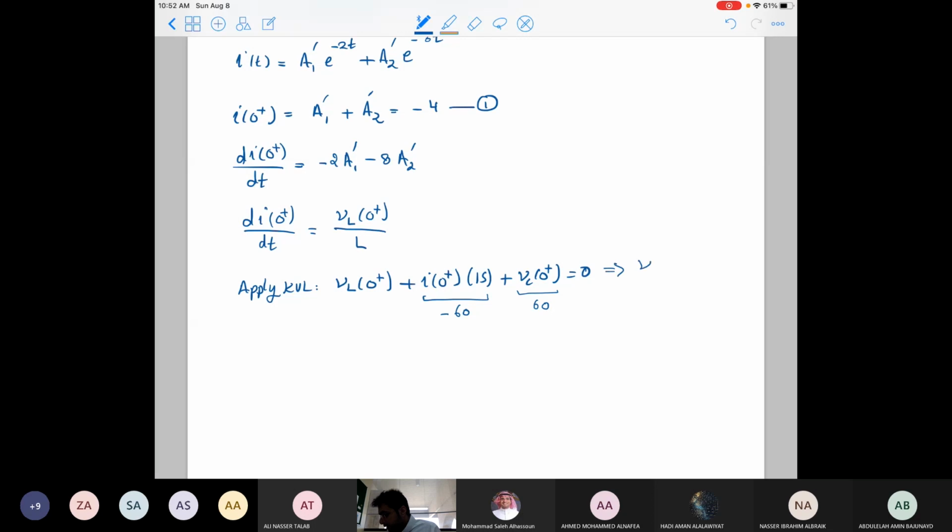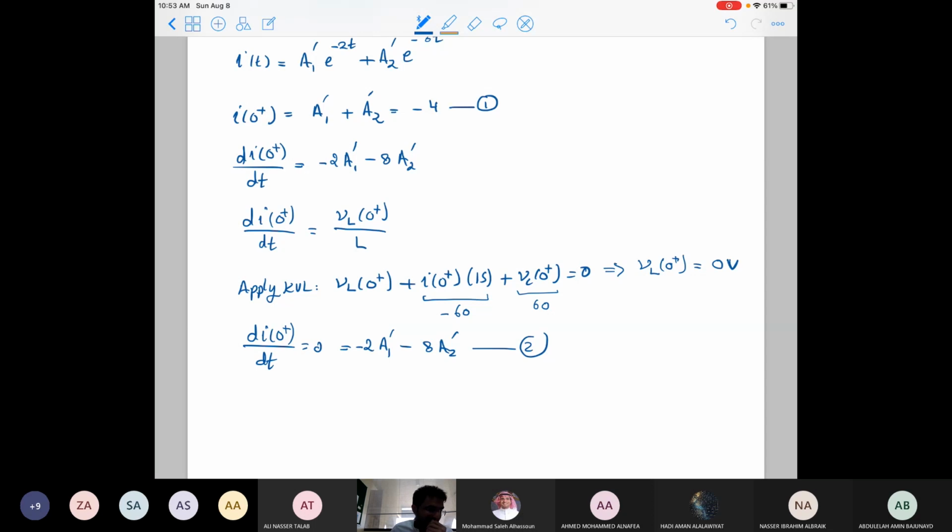So this implies that the initial value of the voltage across the inductor is 0 volts. Therefore, this is the second equation.